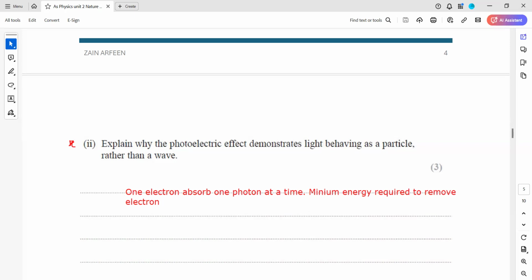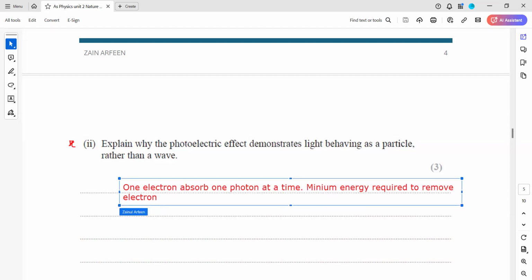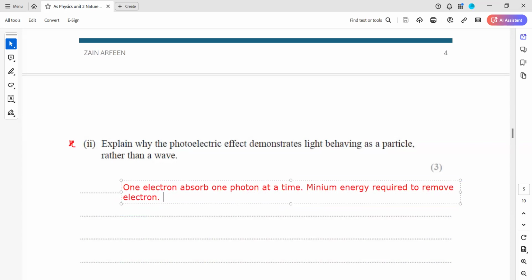And these electrons are released instantaneously. The moment the energy of a photon is more than the work function, what will happen? The electron will be released instantaneously.